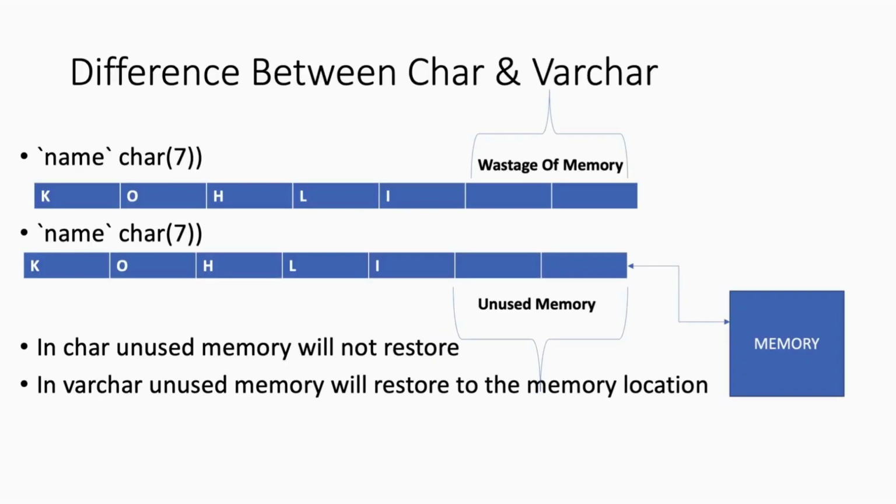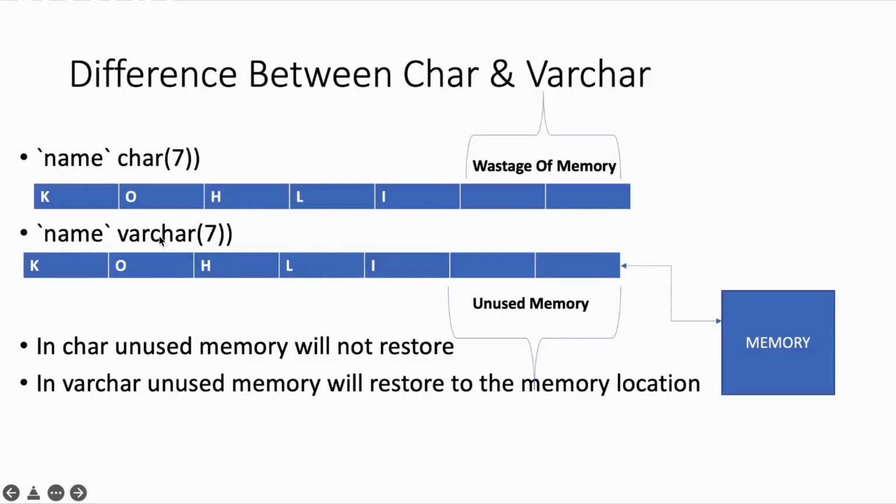Let's go into the difference between char and varchar. We declared two columns, one with the char data type and one with the varchar data type, with the same memory size. Here we declared 7 and here also 7, to store 7 characters.